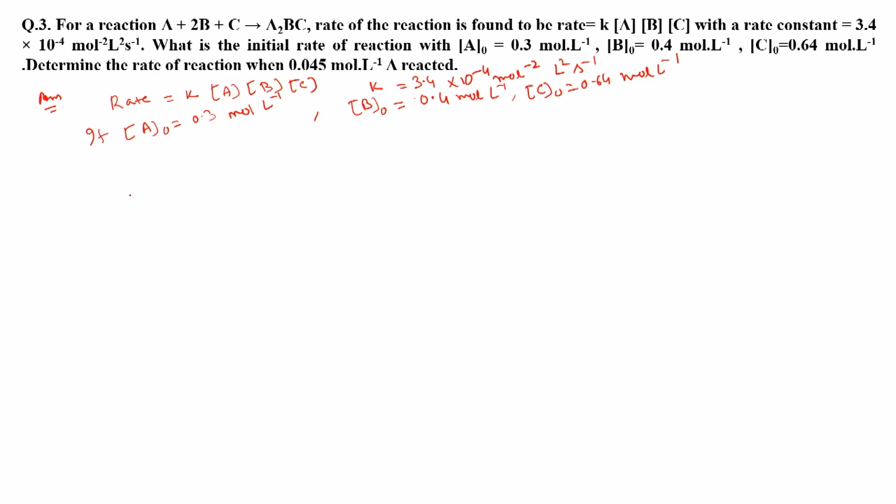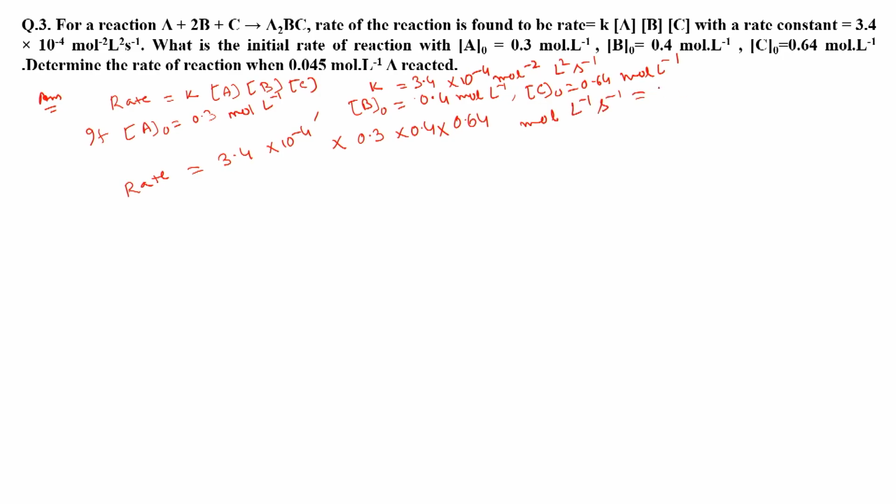Okay. So rate will be K, 3.4 times 10 to the minus 4, times 0.3 times 0.4, because K times concentration of A, concentration of B, and concentration of C, times 0.64. Okay, this is your mole liter inverse, second inverse.